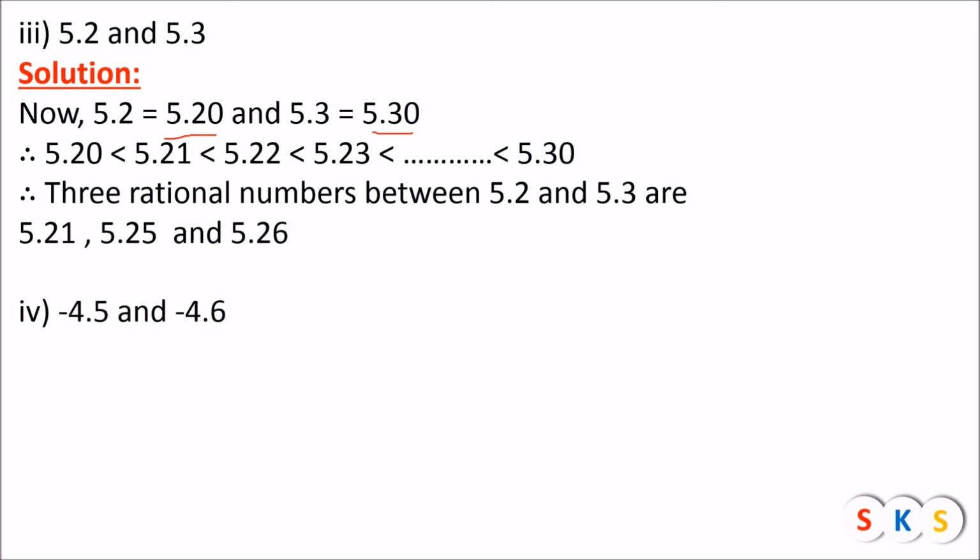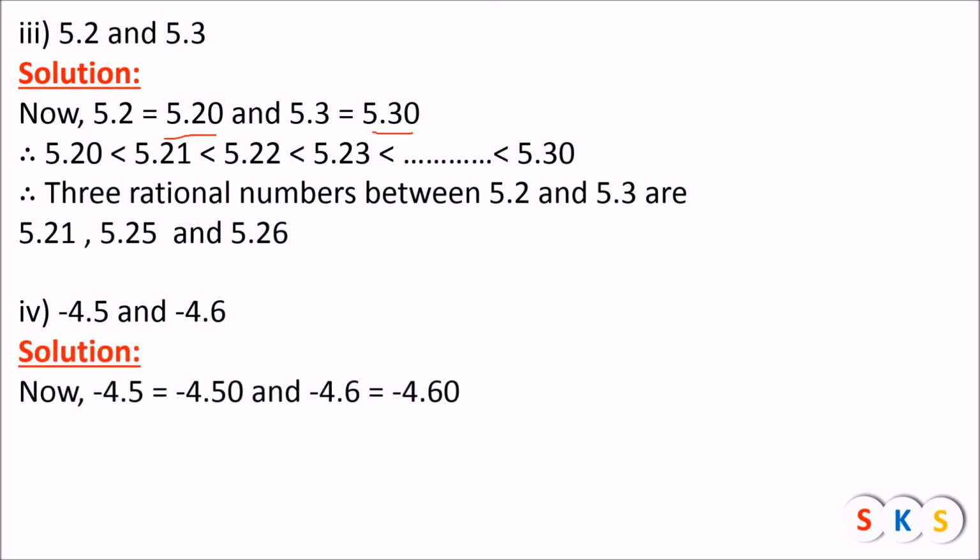Now here we have the next question, minus 4.5 and minus 4.6. Minus 4.5 can be written as minus 4.50 and minus 4.6 can be written as minus 4.60. You can add as many zeros as you want after the given decimal number.